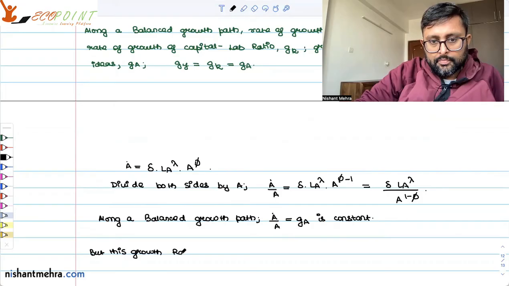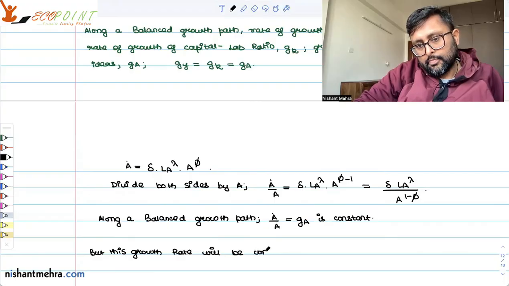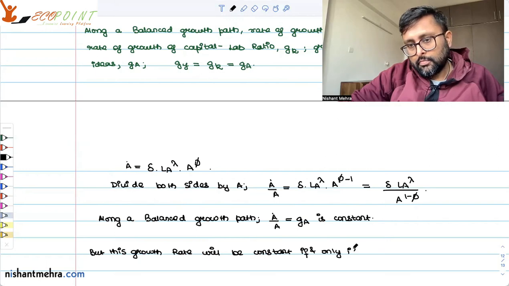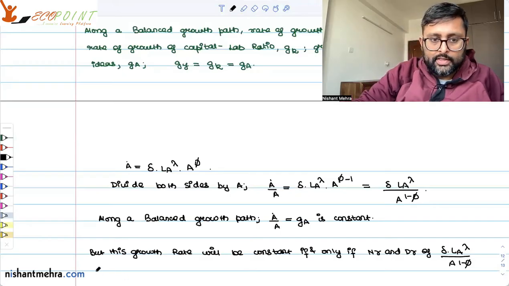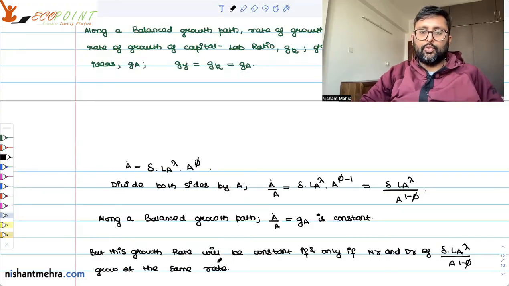This growth rate will be constant if and only if numerator and denominator grow at the same rate.